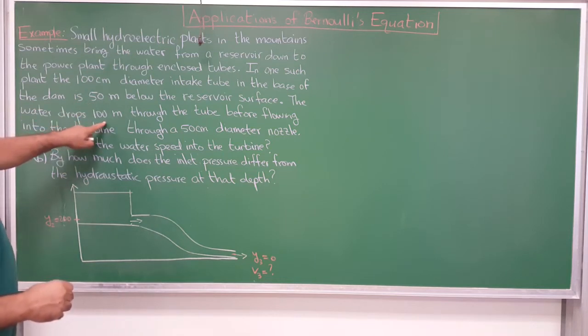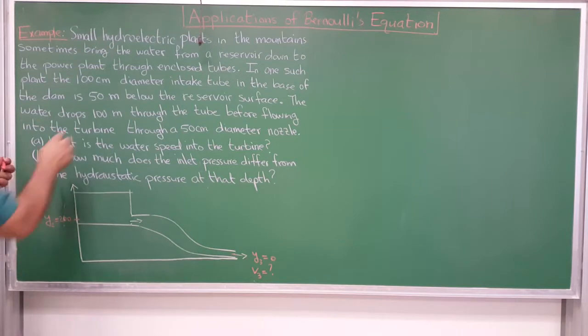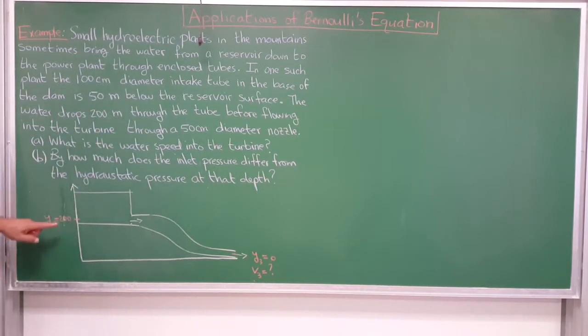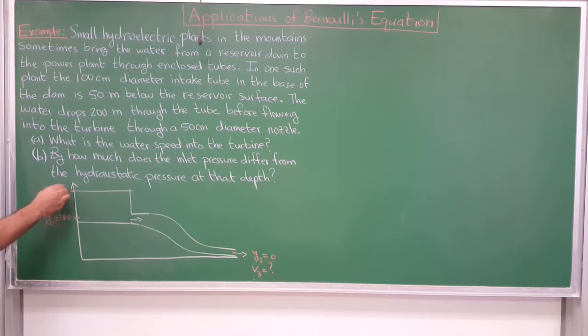The water drops 200 meters through the tube. I thought it was 200, maybe I wrote it wrong. It drops 200 meters, so that's a typo here. This should say 200. And from here to here it's 50.